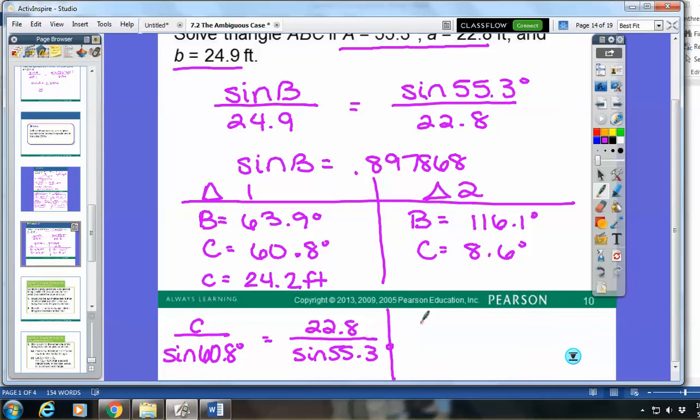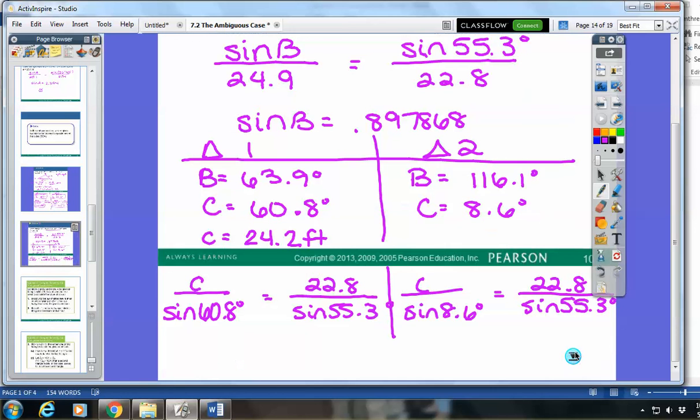Second one, set it up. And this one I get 4.15.